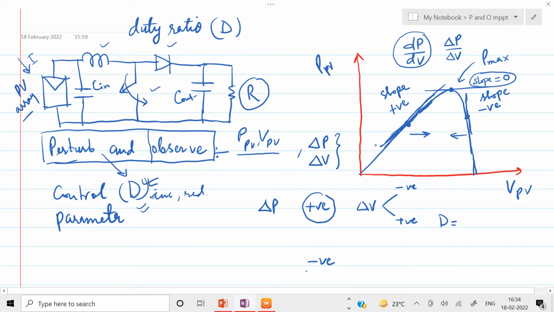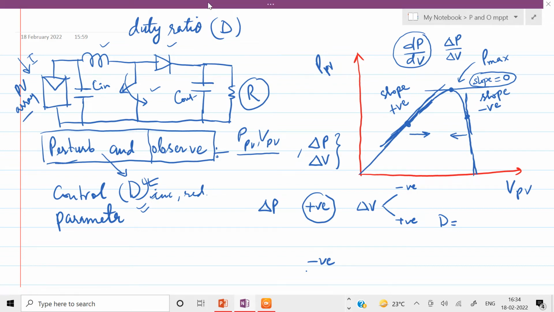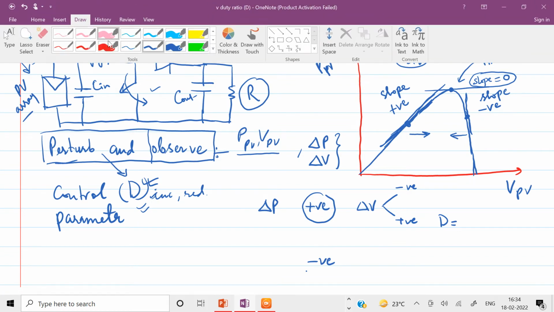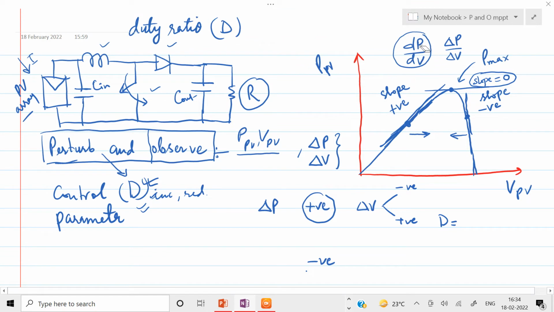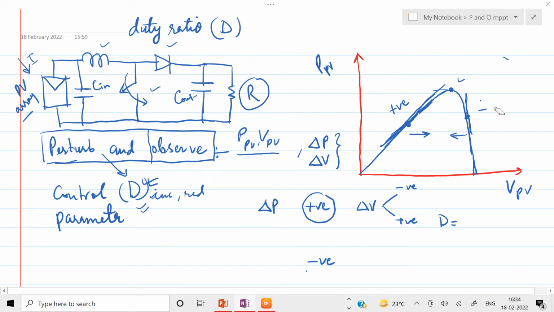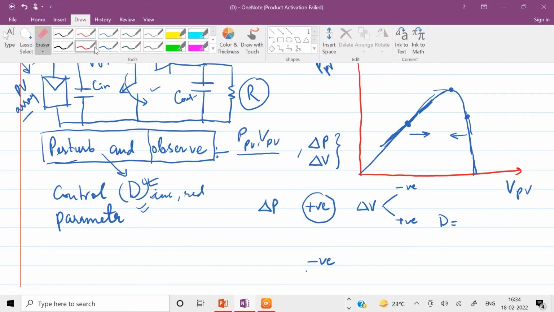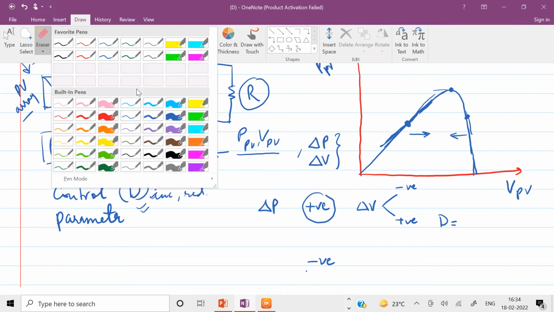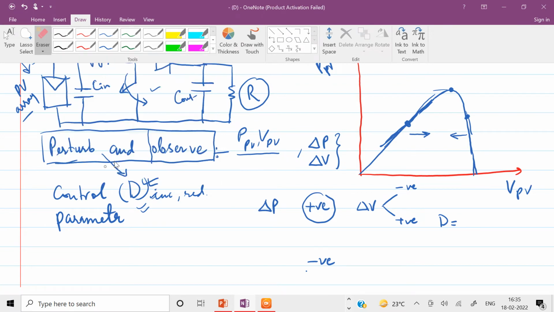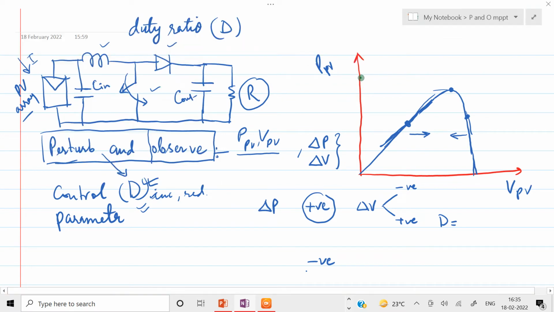Okay, to understand this, let me draw the duty ratio here itself. Let me erase all these things. Okay, and let me draw the duty ratio here itself.